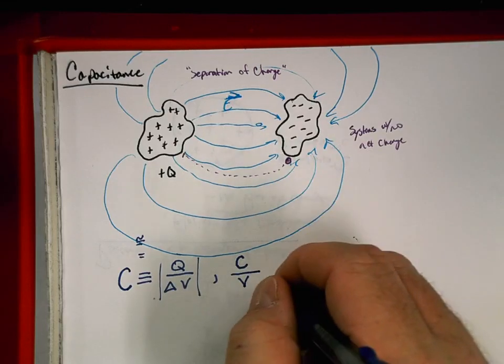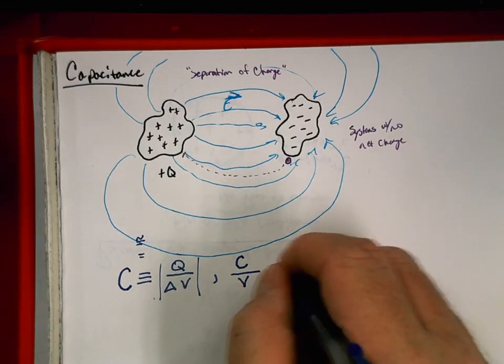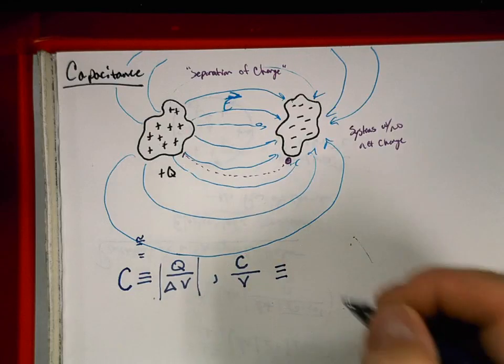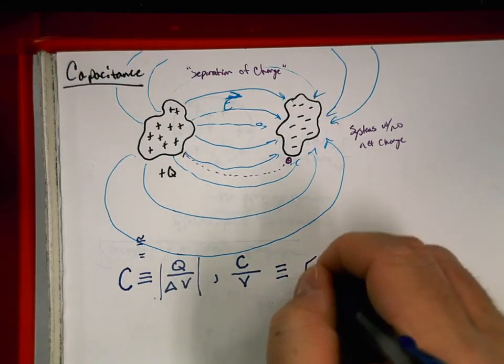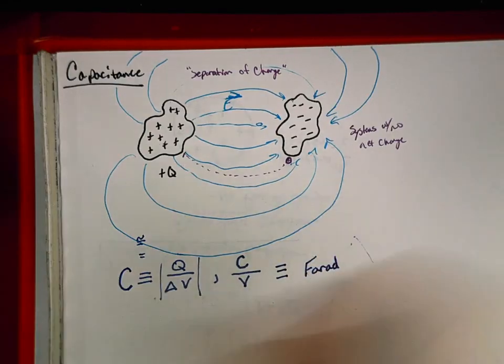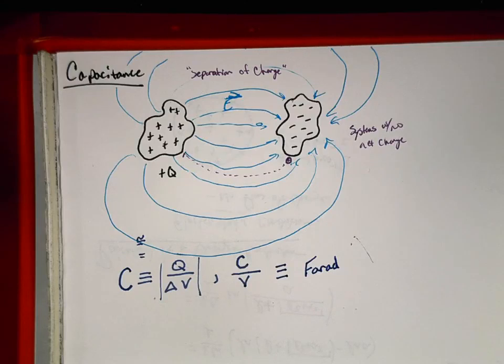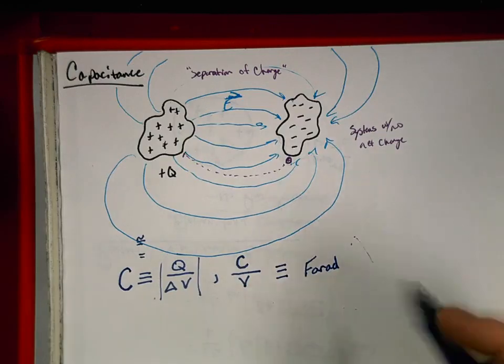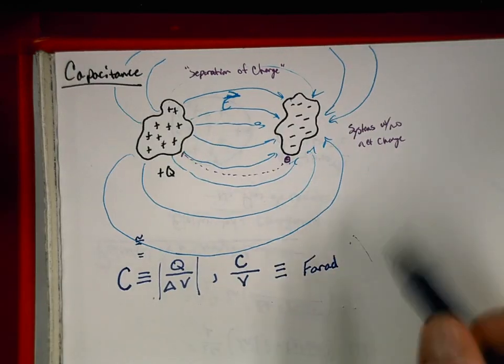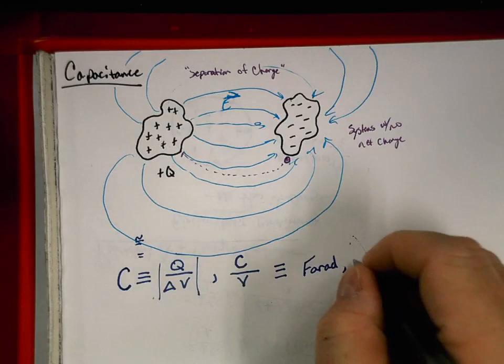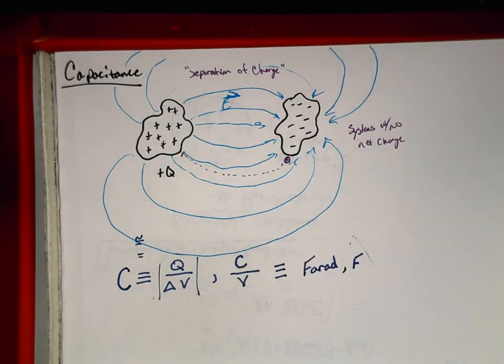The coulomb per volt is defined as a farad, which is named after the little short person king in Shrek. No, I'm kidding. That's Farquaad. No, the farad is named after, of course, Michael Faraday. Okay, that unit has the abbreviation F.